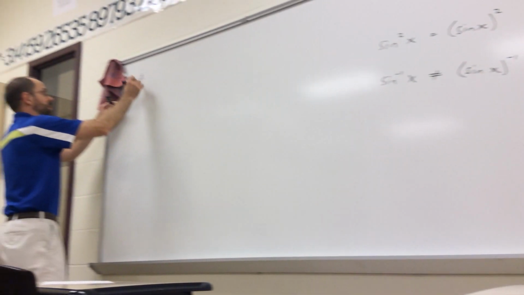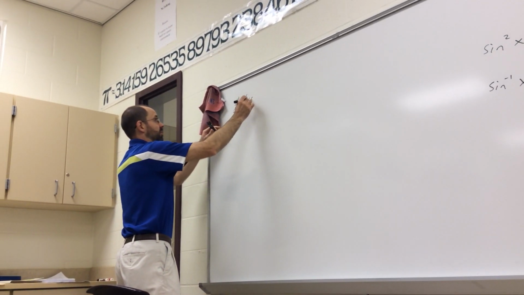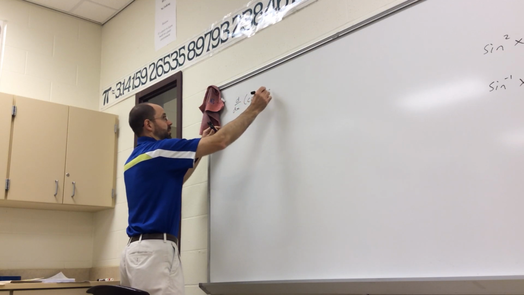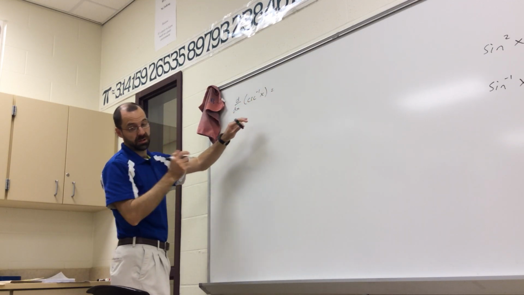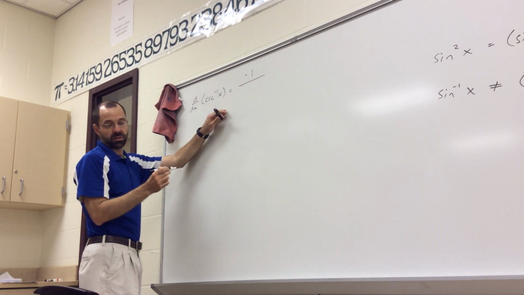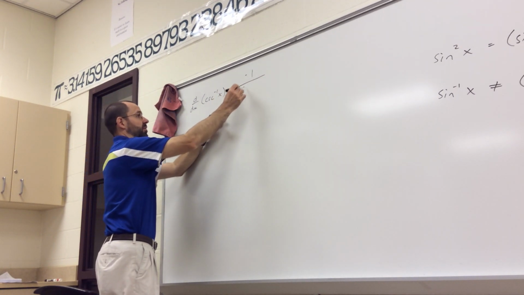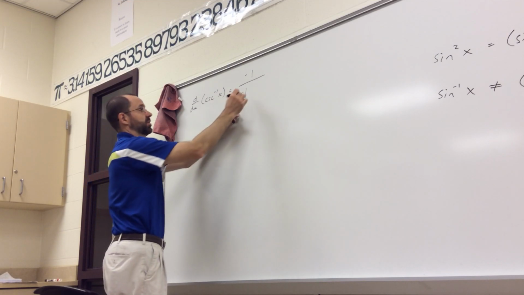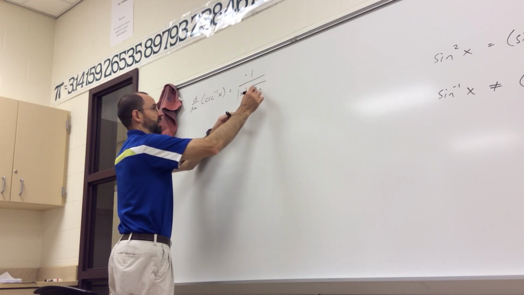Derivative of inverse cosecant is negative, because it's a co, negative 1 over the absolute value of x times the square root of x squared minus 1.